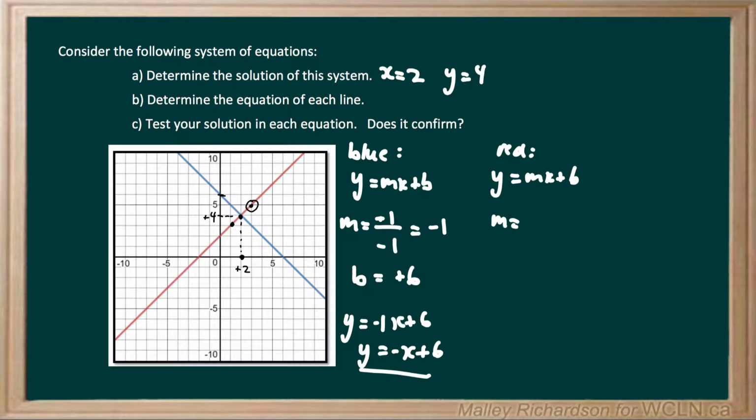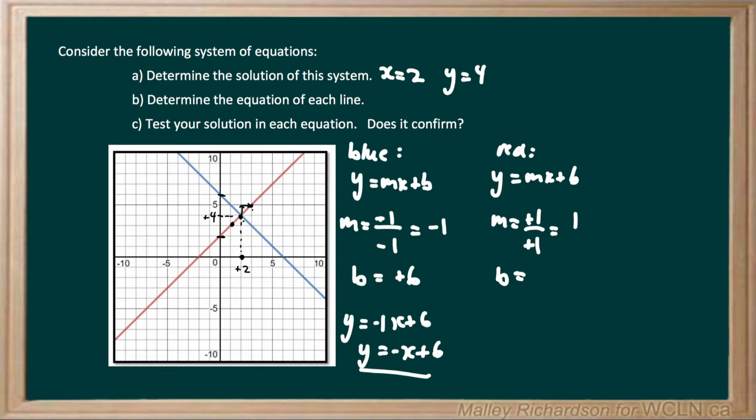Let's use this one. So to get from our first dot to our second dot, we move up 1 and to the right 1. So our rise is positive 1 because we moved up, and our run is positive 1 because we moved to the right. So positive 1 over positive 1 gives us a slope of 1. And then our b-intercept is wherever our red graph crosses the y-intercept.